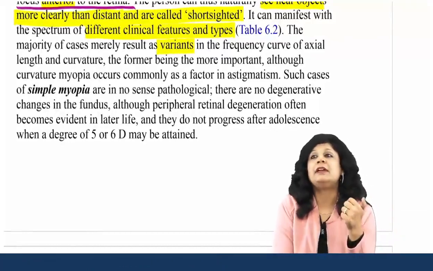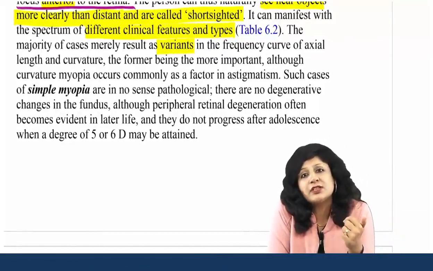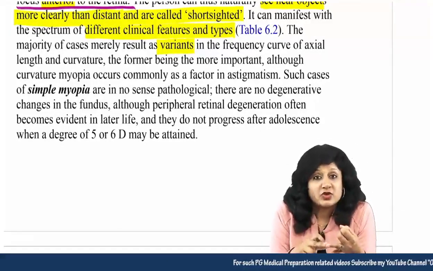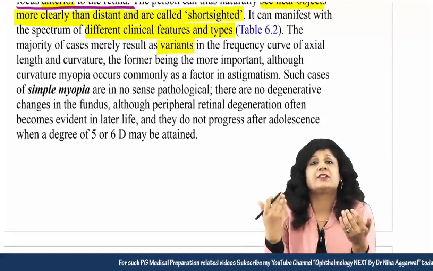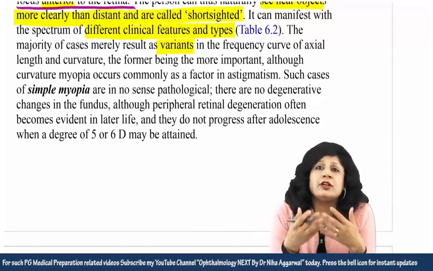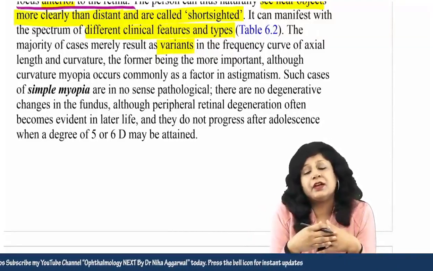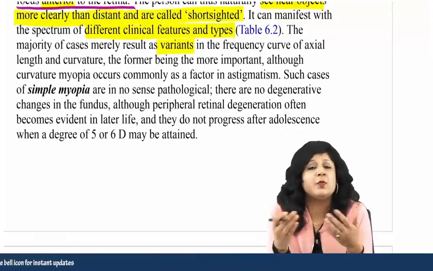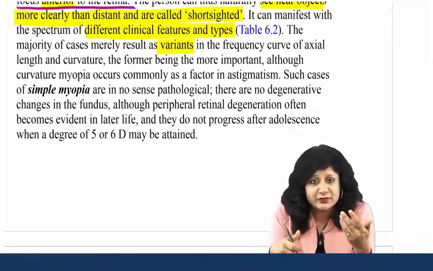Now, if you remember, last time we discussed so many causes of the refractive errors. There was axial length, curvature, refractive index, position of the lens and all. So in the majority of cases of refractive errors, whether you have myopia or hypermetropia, you will get some variation in one of these factors.